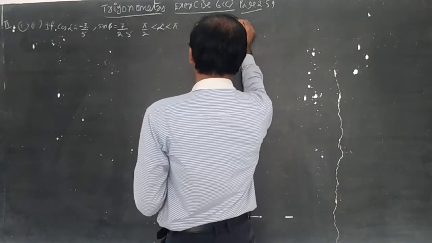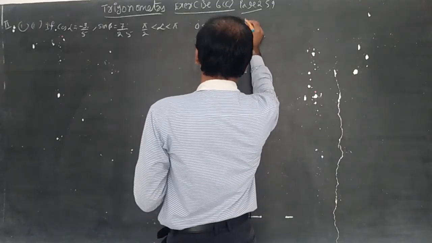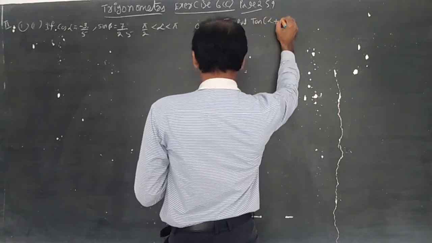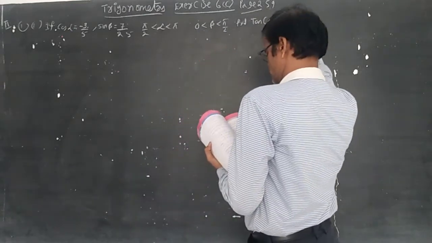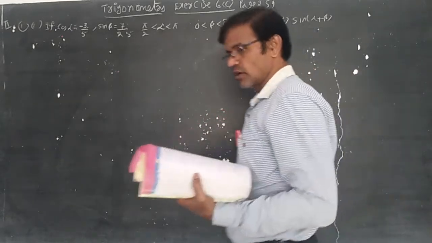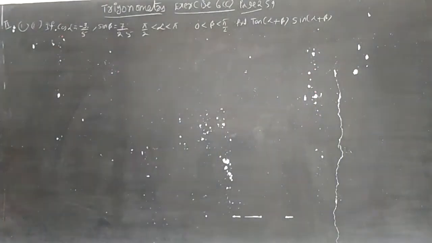Find the values of tan of alpha plus beta and sin of alpha plus beta.